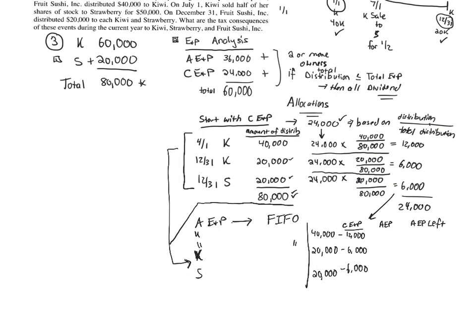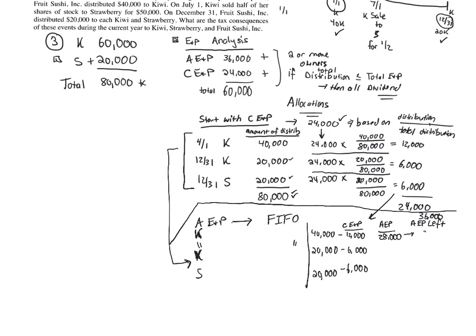So you can only go up to the extent it makes $40,000 in the first distribution date on 4/1. So 40,000 minus 12,000 is 28. We've got 36,000 in the beginning, so we do 28,000 to fill up because 36,000 is enough.